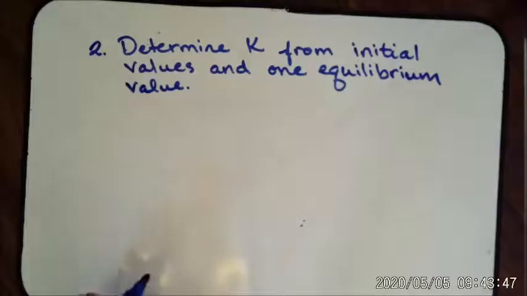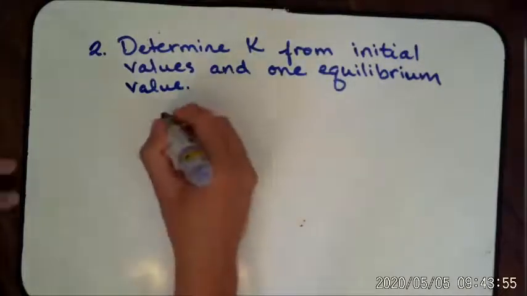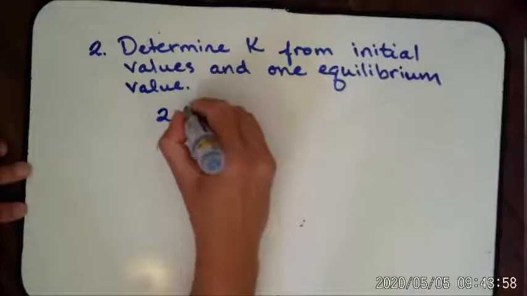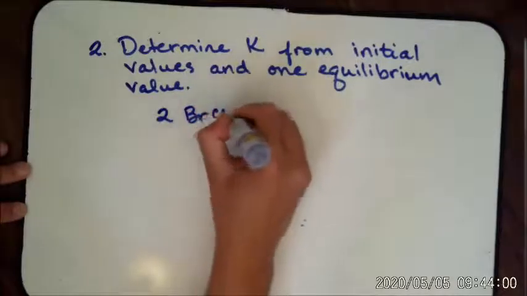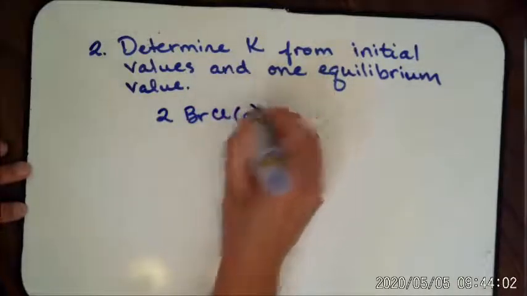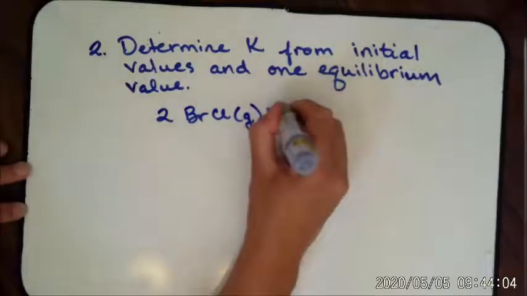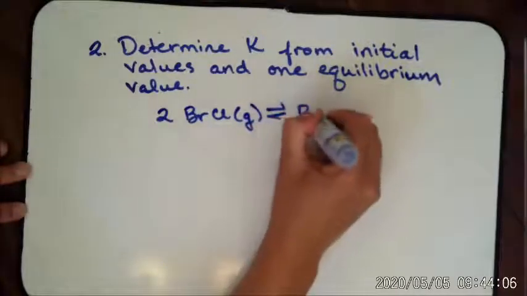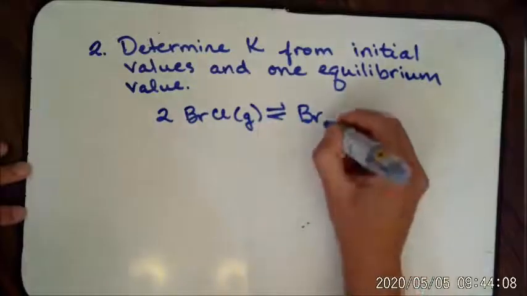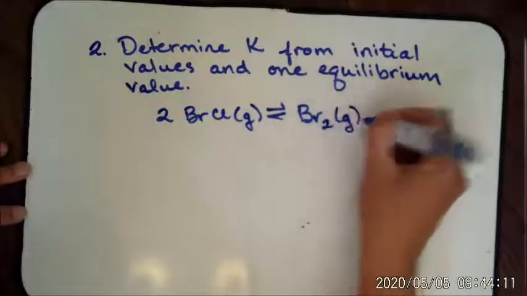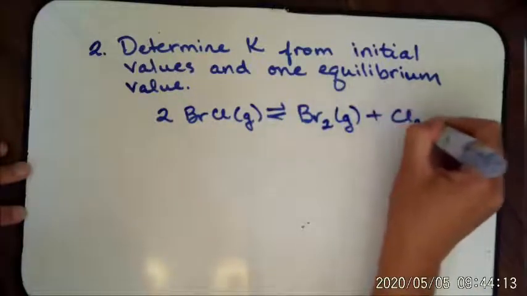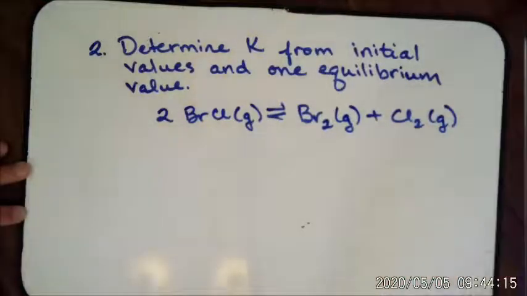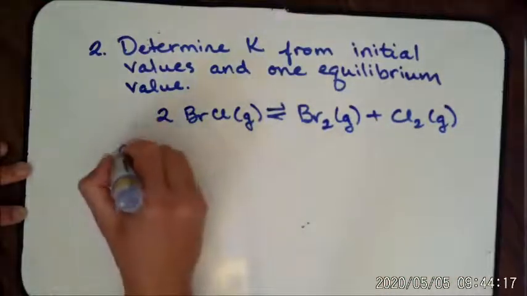Okay, so if we do that, let's do this one. We have the reaction: bromine chloride reacting with itself to form bromine gas and chlorine gas. Okay, and this is at 500 Kelvin.